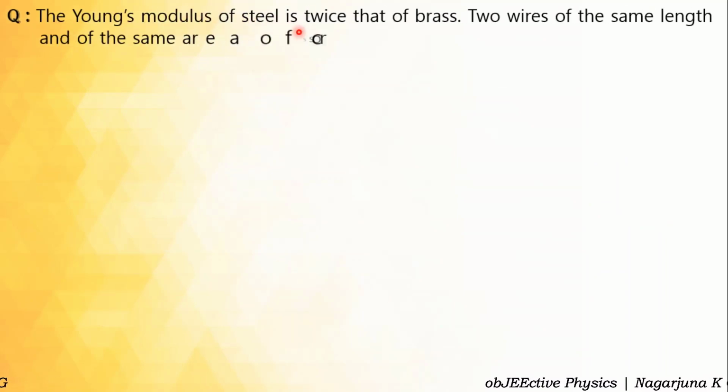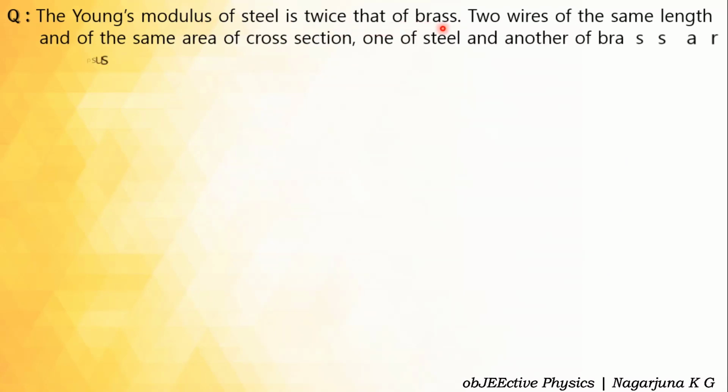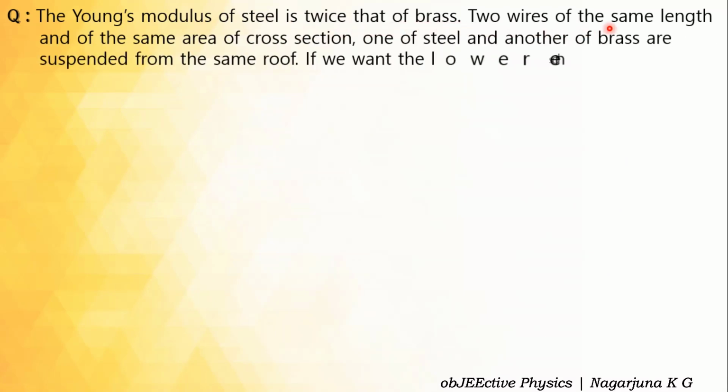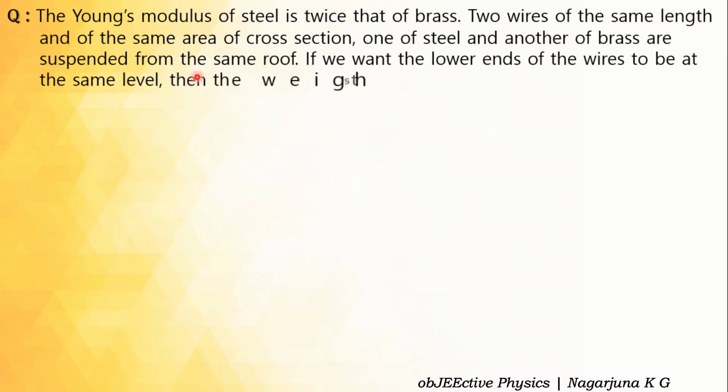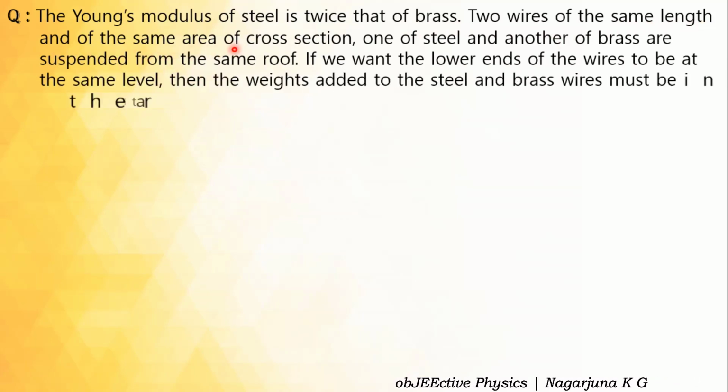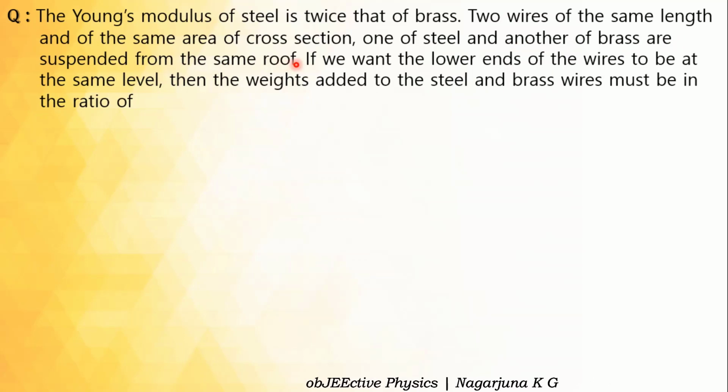The Young's modulus of steel is twice that of brass. Two wires of the same length and of the same area of cross section, one of steel and another of brass, are suspended from the same roof.